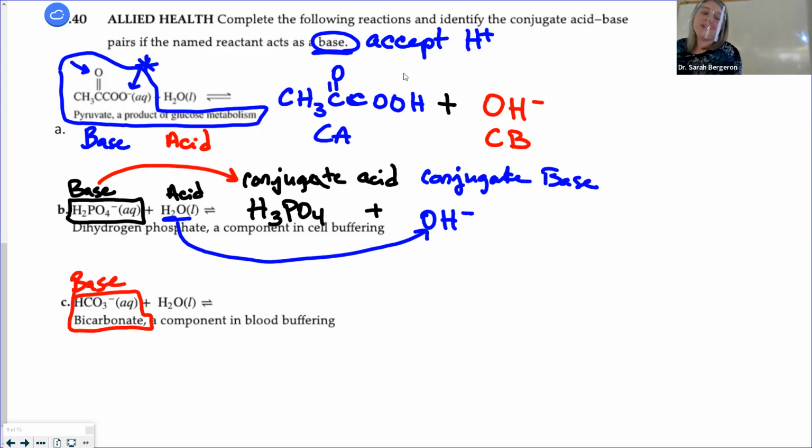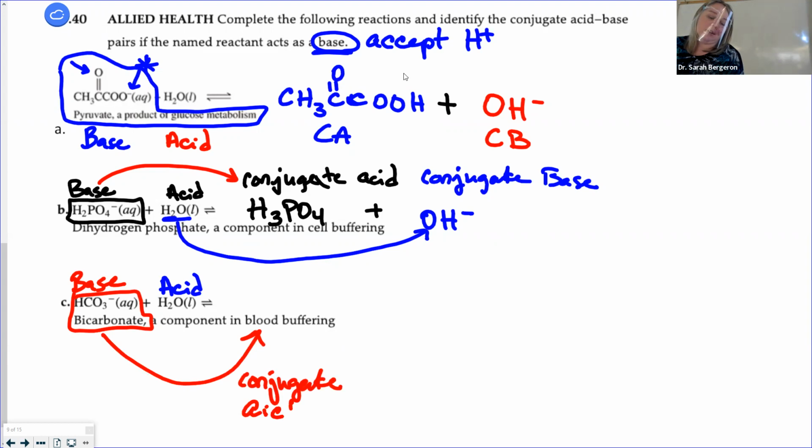So the water is acting as an acid. I'll change colors. So if I take my base and I want to turn it into a conjugate acid, a base is going to accept a hydrogen ion, so I need to go to H2CO3.